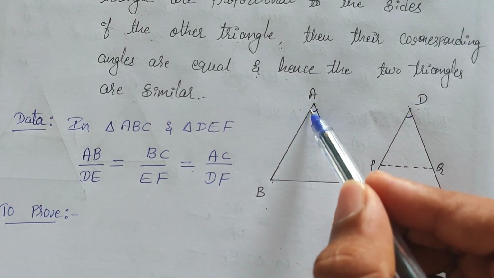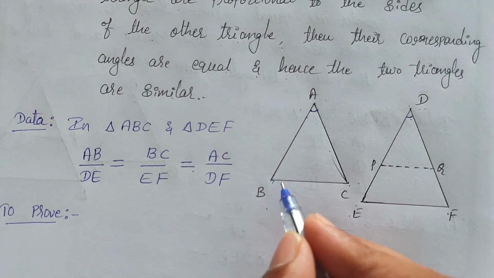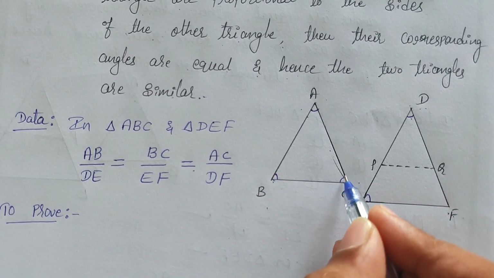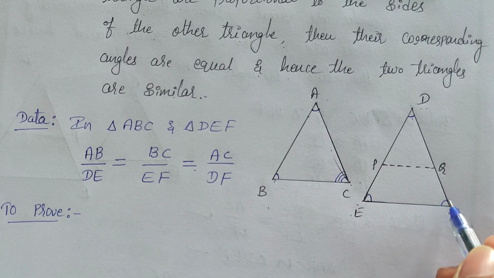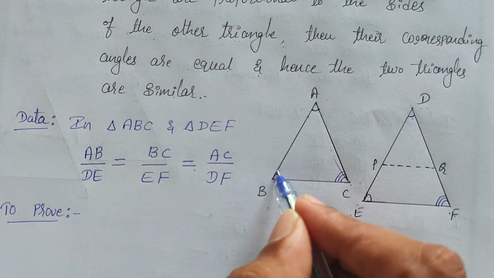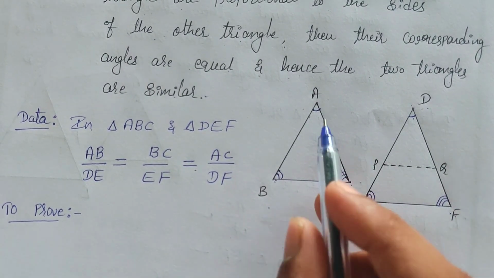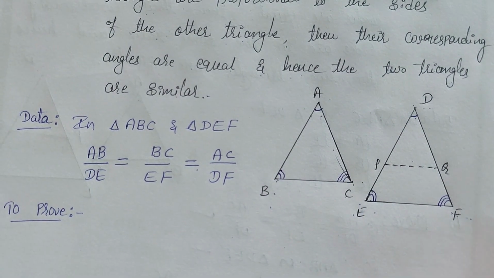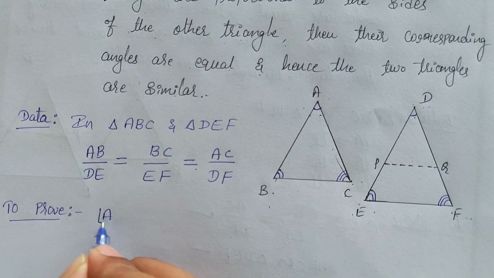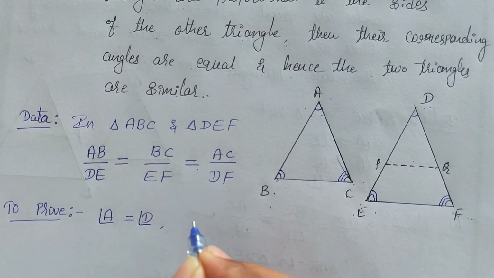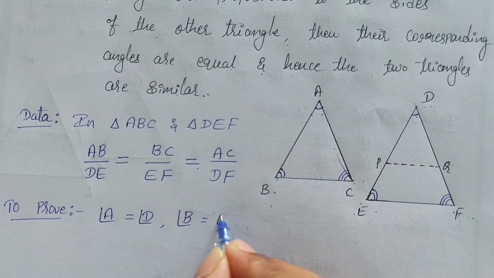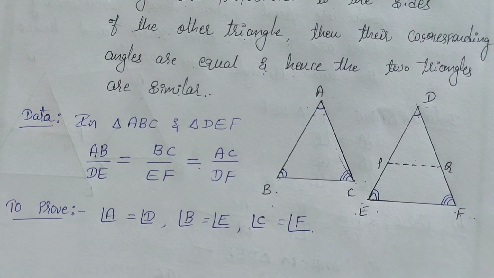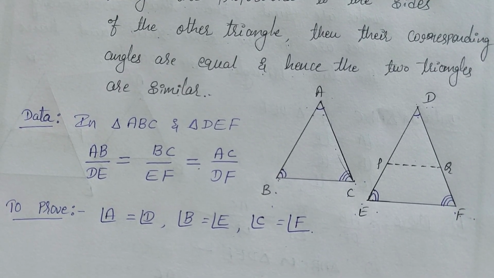The corresponding angle for A is angle D, for B angle E is the corresponding angle, and for C angle F is the corresponding angle. So we have to prove angle A equals angle D, angle B equals angle E, angle C equals angle F. So I will write angle A equals angle D, angle B equals angle E, and angle C equals angle F. This is what we need to prove in this theorem.